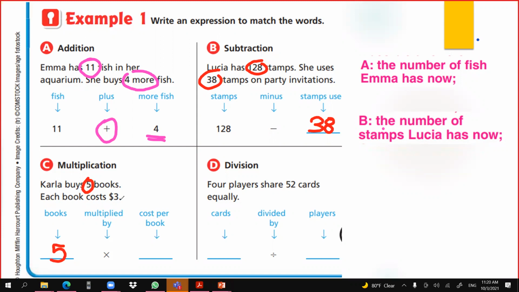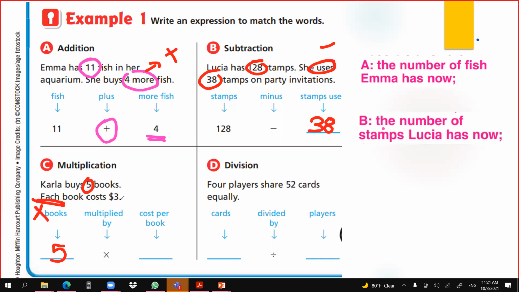And each book, you remember the word each, what does it mean? It means multiply. Like here, 4 more means plus. She used means minus. If you see each, it means multiply. Bravo.